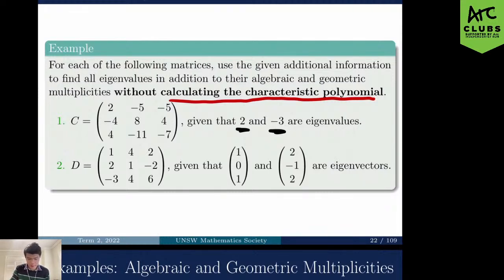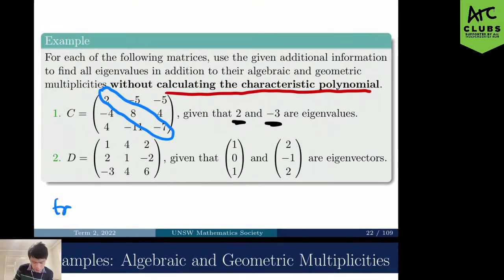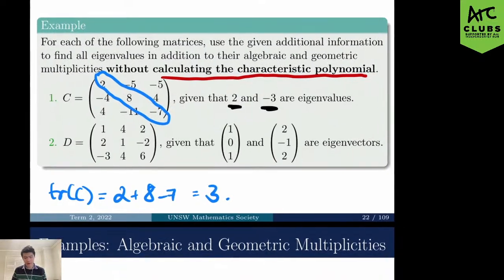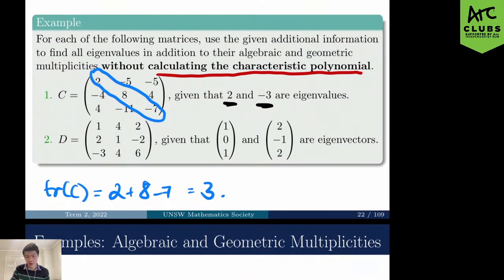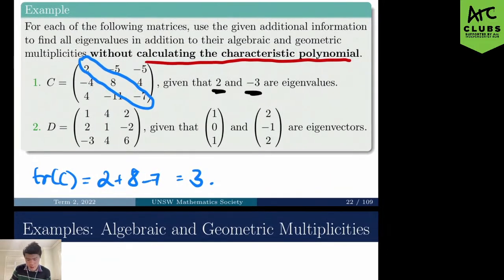So let's look at the trace. The trace is equal to 2 plus 8 minus 7, which equals 3. And so realistically, what's the final eigenvalue going to be? Well, the sum has to be equal to 3. So lambda 3 is equal to, it would be 4.